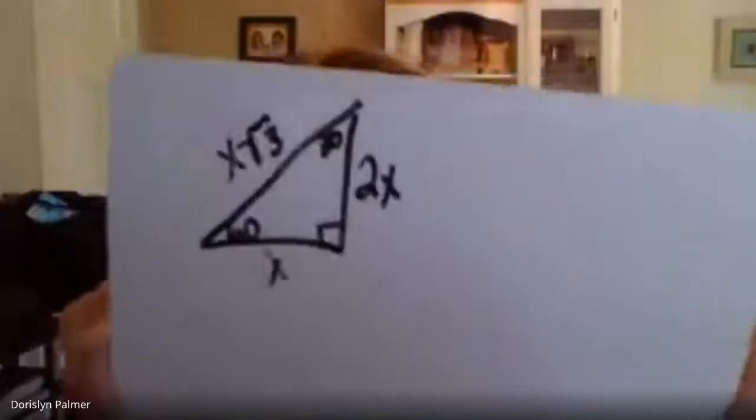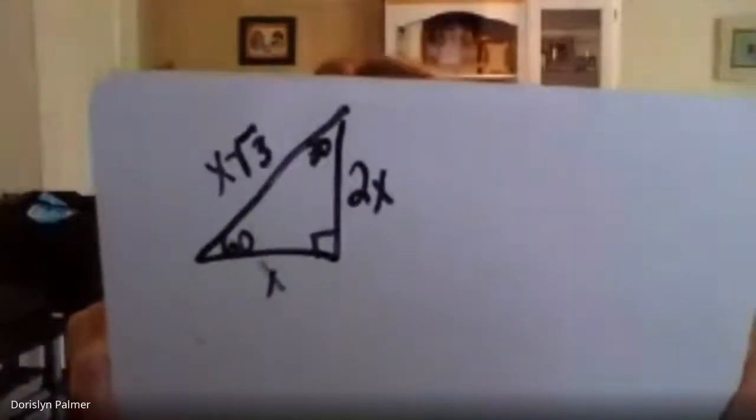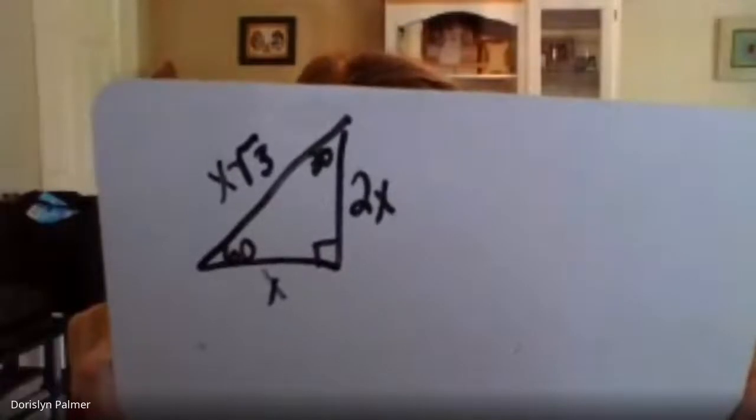All right, we're going to make x the shorter leg, longer leg 2x. Hypotenuse is x root 3. All right, I want you guys to find the cosine of 60 degrees.